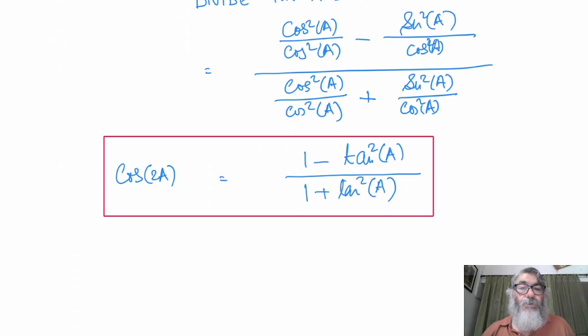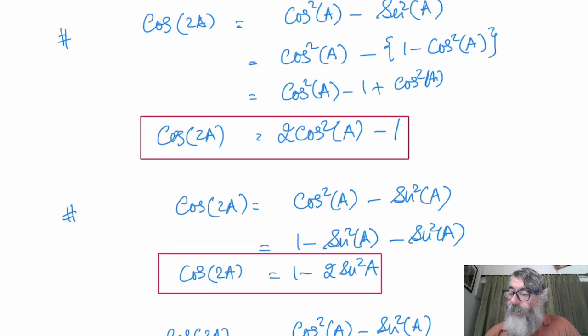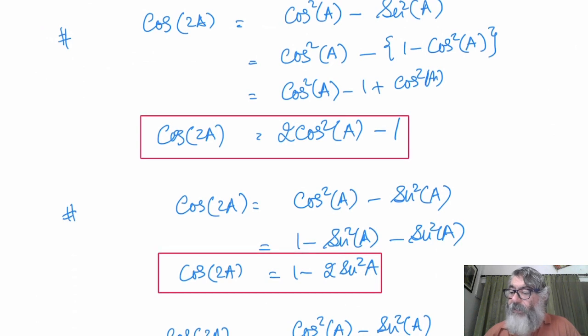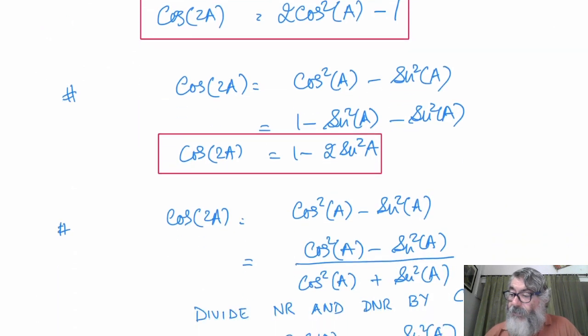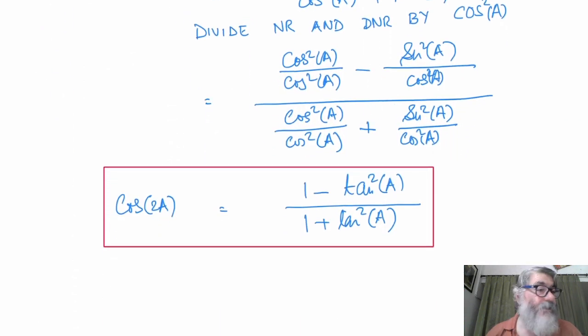So we have expressed cos 2A as cos square A minus sin square A, as 2 cos square A minus 1, as 1 minus 2 sin square A, and as 1 minus tan square A upon 1 plus tan square A.